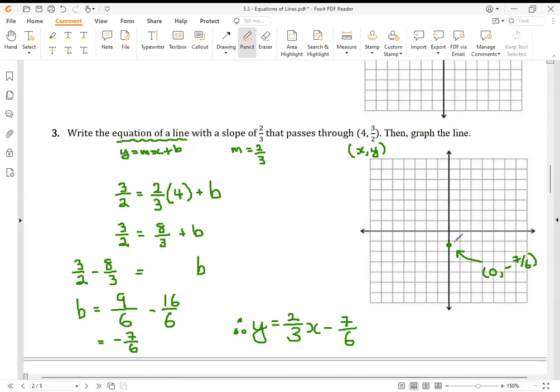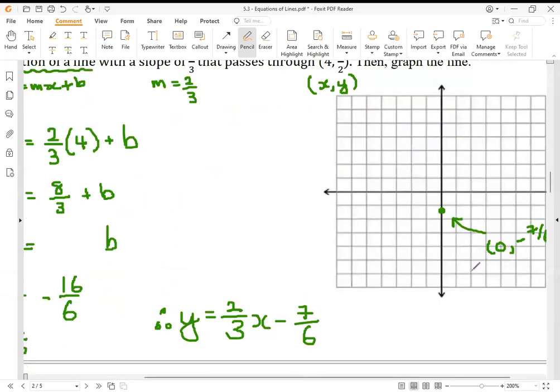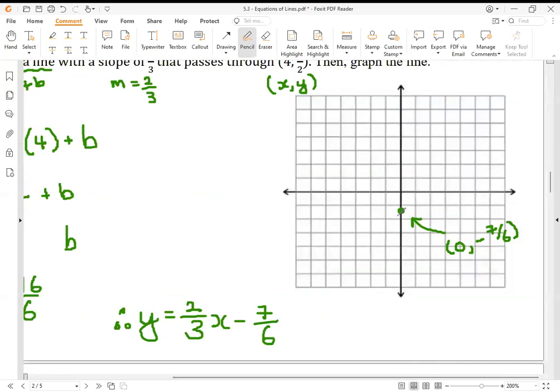And from there, that dot right under the line, look how annoying this is going to be, but you're gonna have to deal with it. If you get a situation like this, just carefully go up 2, right by 3. So 1, 2, 1, 2, 3.